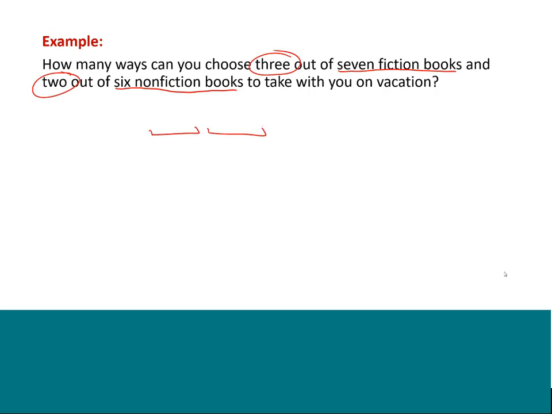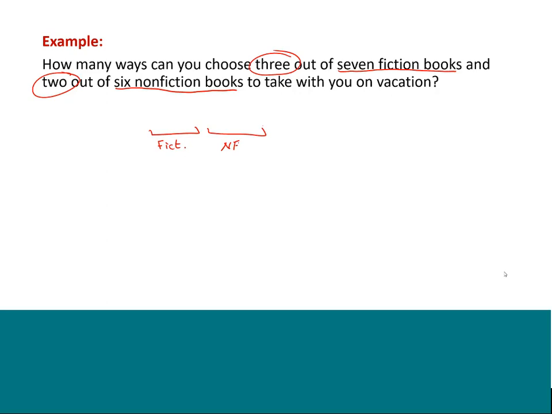I'm going to put 2 slots, which is not our normal way that we've done it in the past: 1 slot for our fiction books and 1 slot for our nonfiction books. Anybody got a guess of what we could put in each of those 2 slots? I realize it might be difficult to write it out.